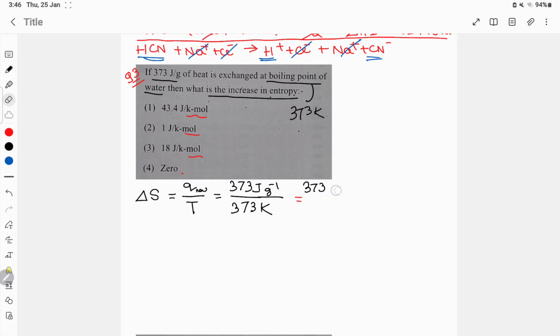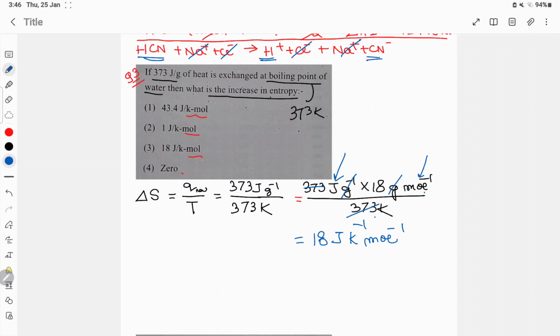Let me write here: 373 joule per gram into 18 gram per mole, divided by 373 Kelvin. Let's cancel gram inverse, 373 cancels, so 18 joule per Kelvin per mole. This is the increase in entropy. So the correct answer is 3.